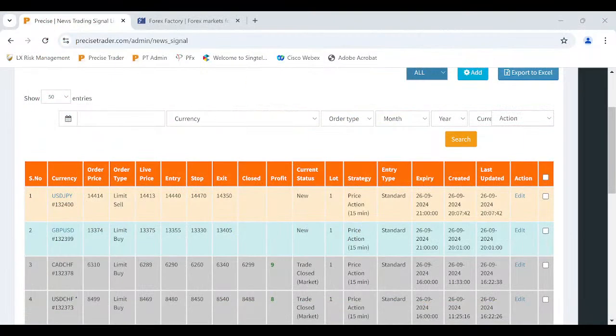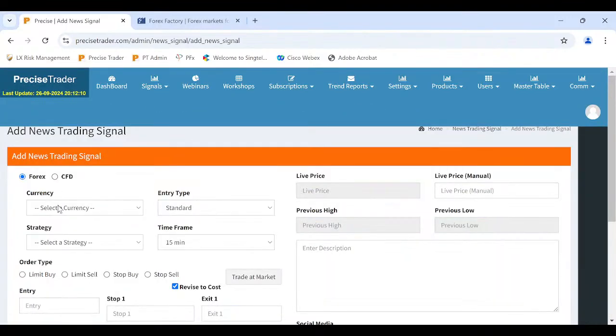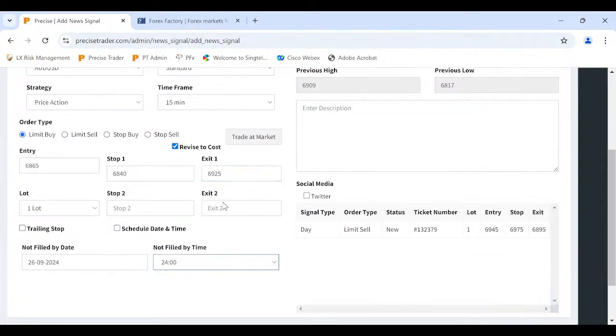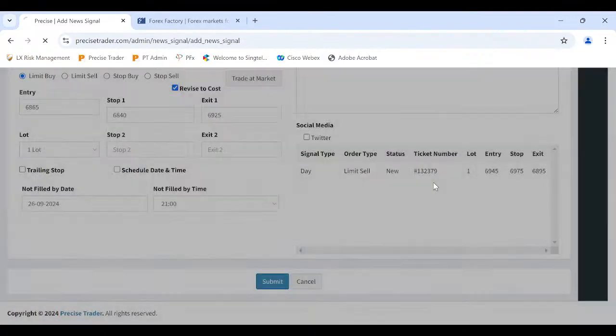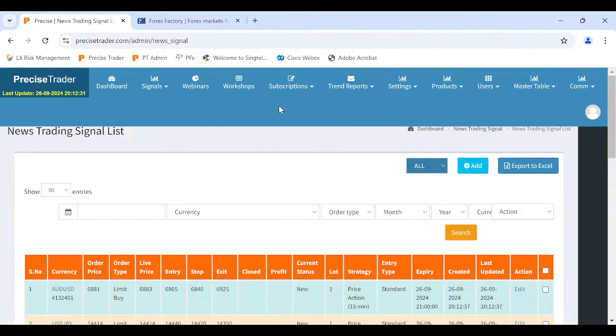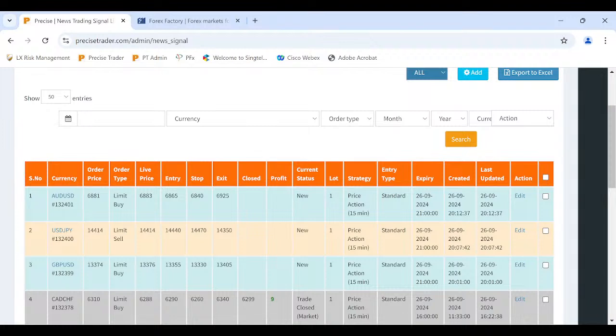So now we go in. Aussie, buy at 68.65, stop at 40. There's a 25 pips risk, and 69, maybe 69.25. This is expiry 21, that means half an hour after the data out. So now we have 3 trades.